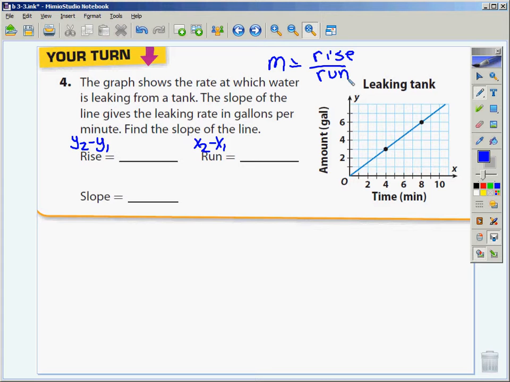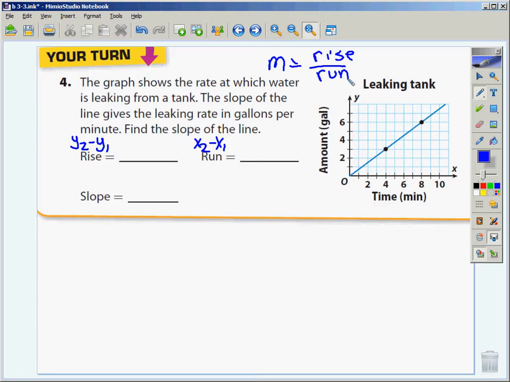And I want to talk about the fact that on some graphs they clearly identify points. But on other graphs they don't put a point there. When you're picking a point, it's important to pick a point that you can make sure has exact values.